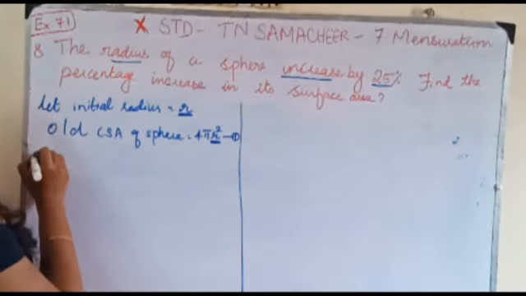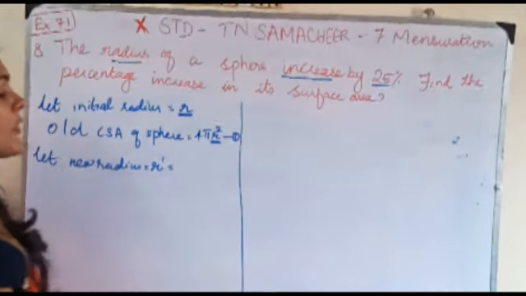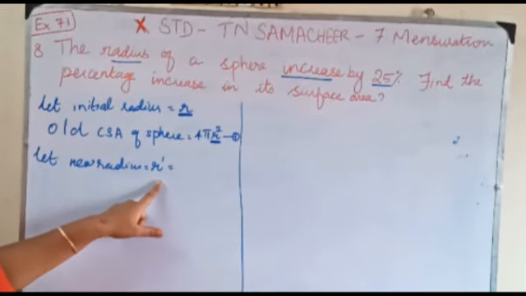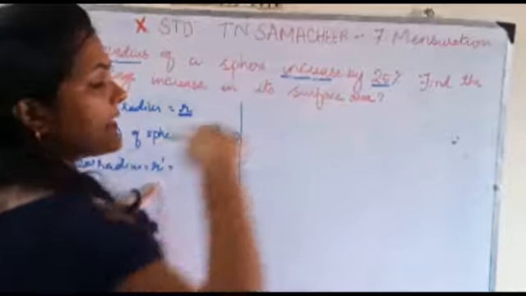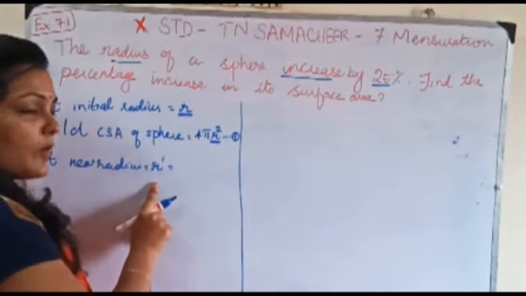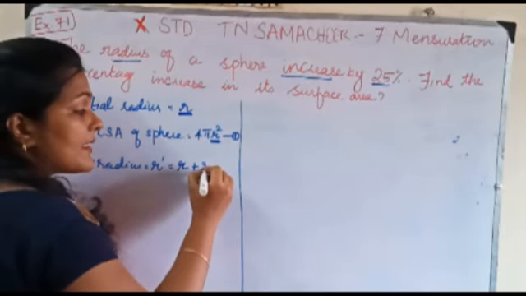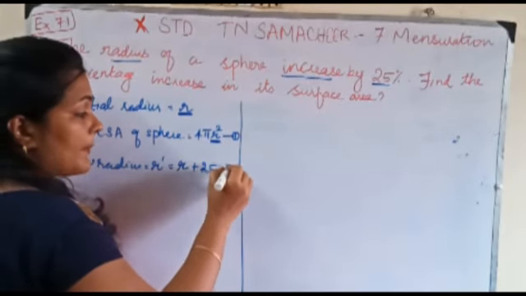Let the new radius be equal to r dash. So this new radius is what? A 25% increase of the old radius. Correct? So new radius r dash is equal to r plus 25% of r.